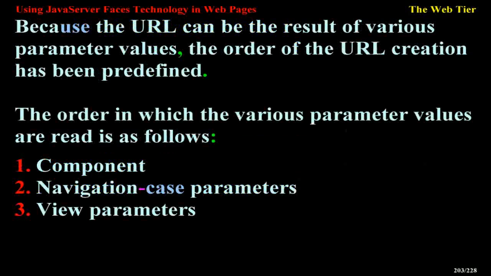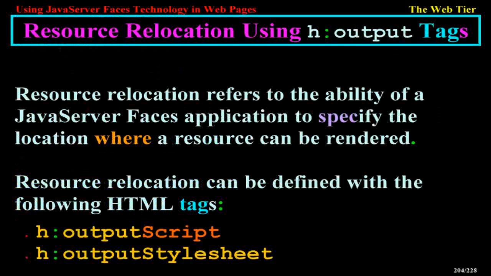Because the URL can be the result of various parameter values, the order of the URL creation has been predefined. The order in which the various parameter values are read is as follows: component, navigation case parameters, view parameters, resource relocation using h:output tags.